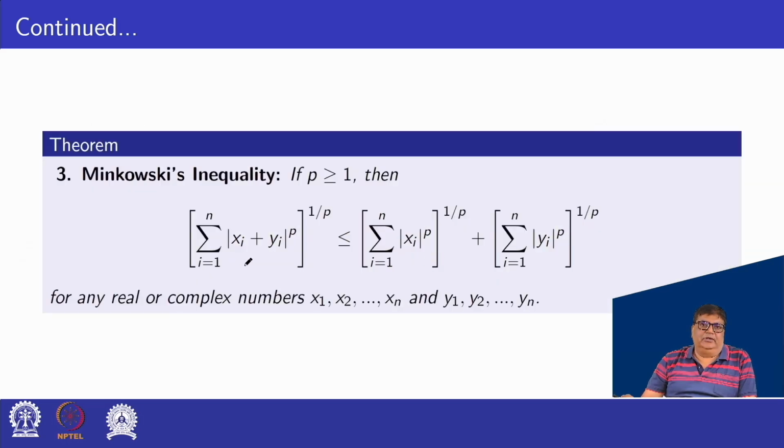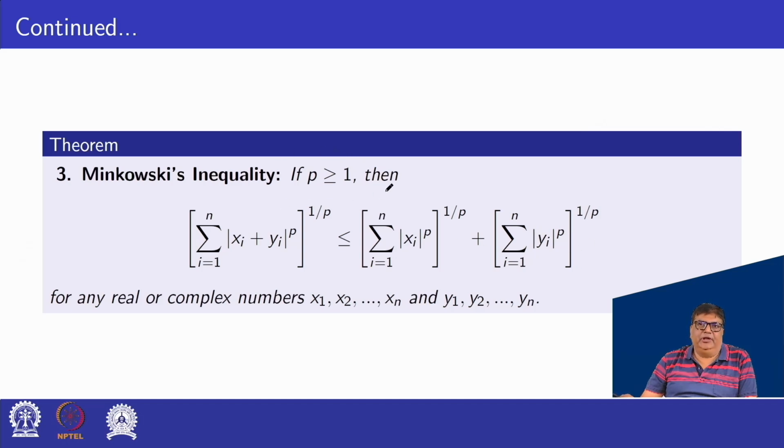Minkowski inequality. This is an important inequality also. If p greater or equal to 1, then summation i is equal to 1 to n, mod xi plus yi power p, whole power 1 by p, less or equal to summation i is equal to 1 to n, mod xi power p, whole power 1 by p, plus summation i is equal to 1 to n, mod yi power p, whole power 1 by p.